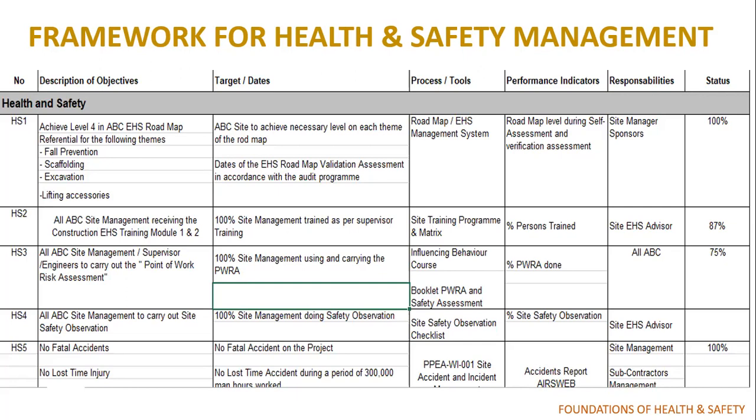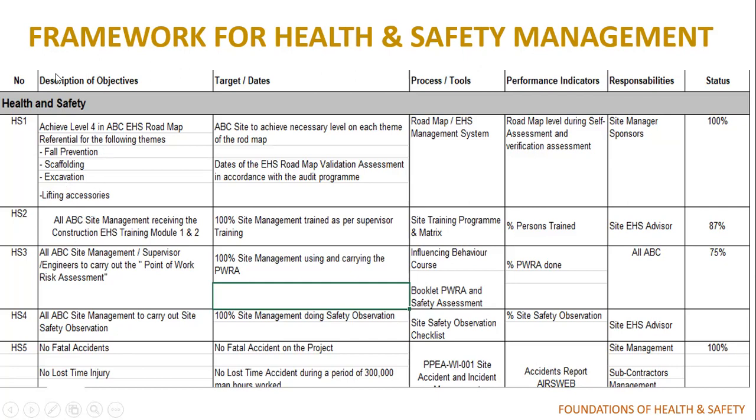So for example, here, this is the objectives and targets of the health and safety. This is an example of a construction industry, and here we can see that after the risk assessment, the hazards have been identified and the objectives and the targets have been set.